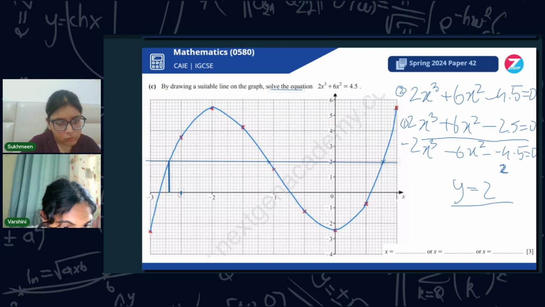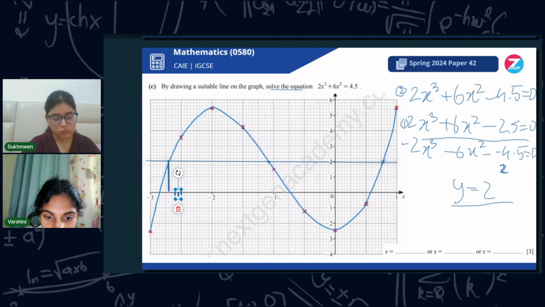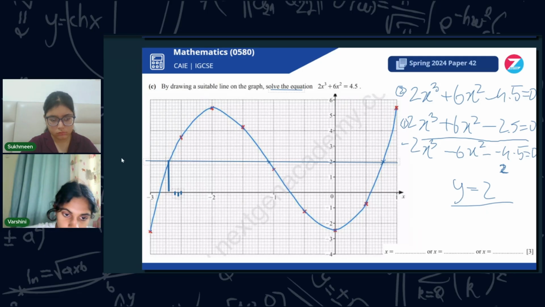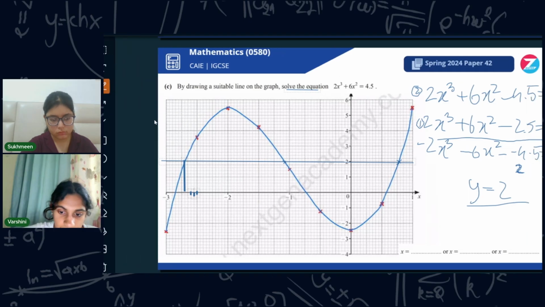So 2.55 would be here, 2.6 would be here, 2.65 would be the next one, and 2.7 would be where they intersect. Sorry, minus 2.7. If you've drawn your graph accurately, maybe your value might differ a little bit, but it should be around minus 2.7.